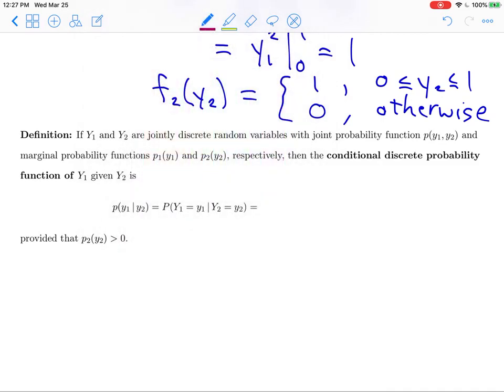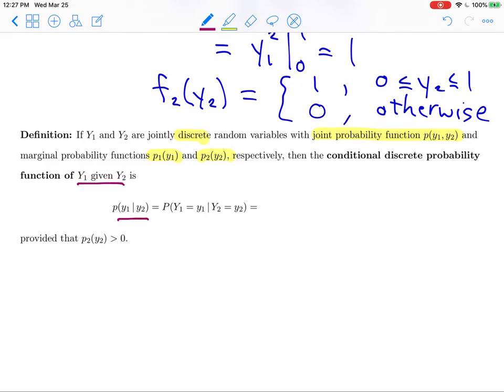All right, so if y1 and y2 are jointly discrete random variables, so they are discrete, with a joint probability function, p of y1, y2, and marginal probability functions, p1 of y1 and p2 of y2 respectively, then the conditional discrete probability function of y1 given y2 is going to be this, right?